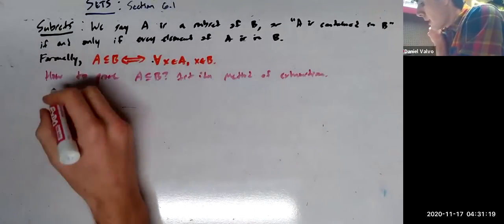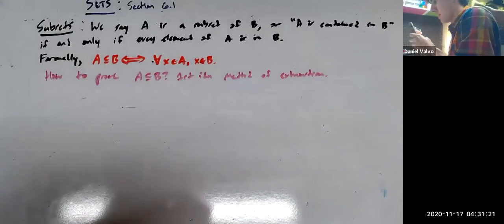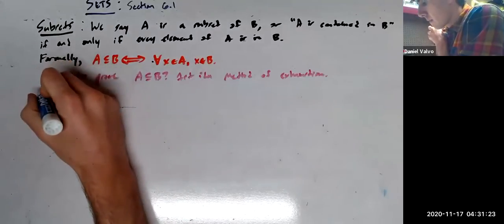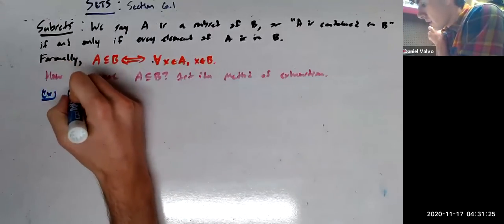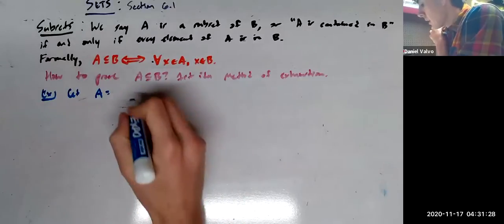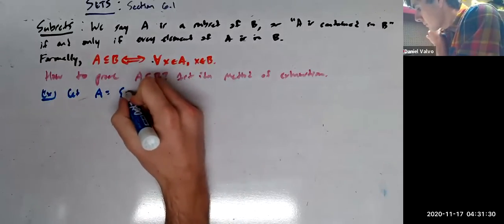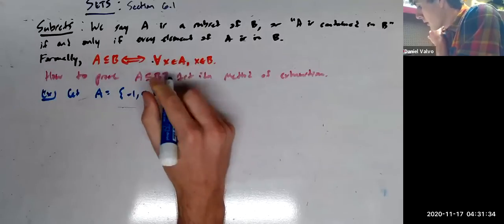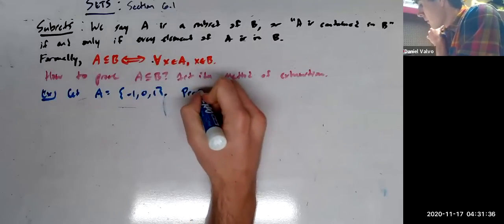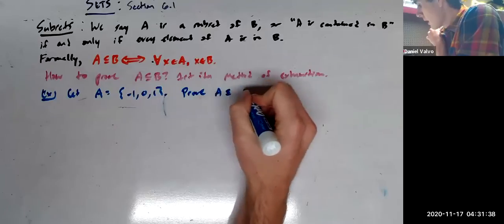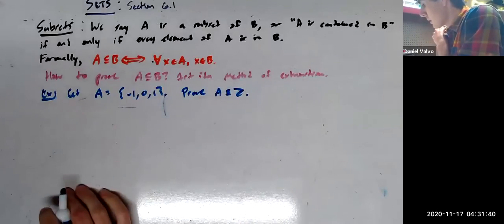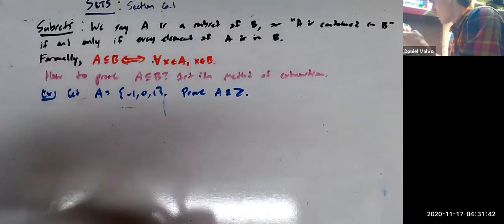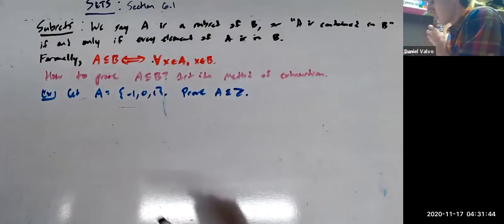So, for example, let A equal the set {-1, 0, 1}. Prove that A is a subset of C. It's really easy.